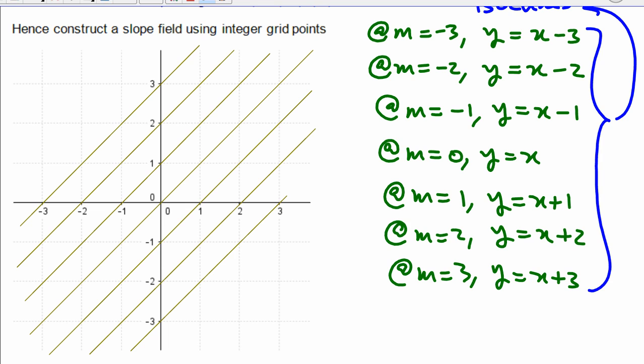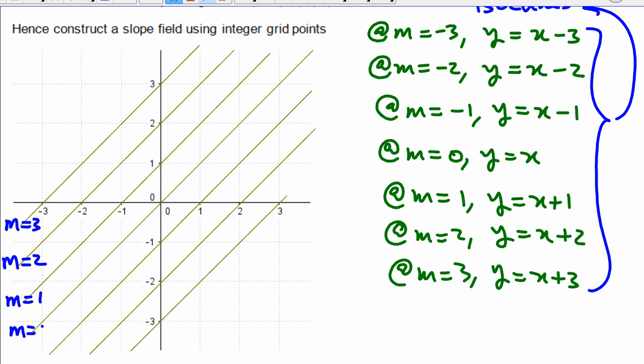Remember, for y equals x plus 3, m is 3. So here, m equals 3. Here, m equals 2. Then m equals 1.